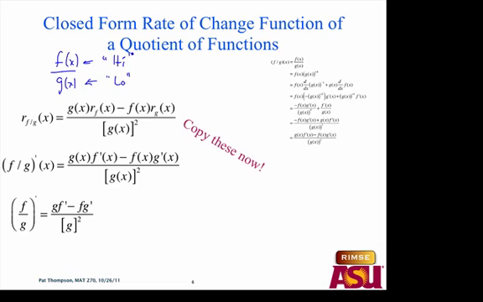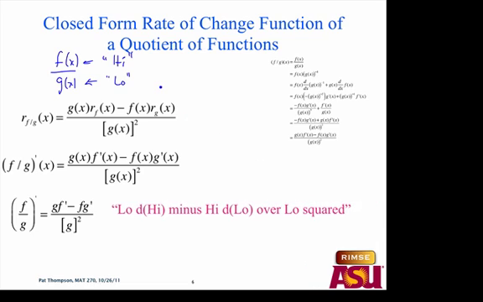And then rate of change, we know, is this d for derivative or rate of change. So then here's this kind of helps a little bit. Low, meaning the low function, d high, rate of change of the numerator, minus high d low over low squared. And it's off to work we go, right?